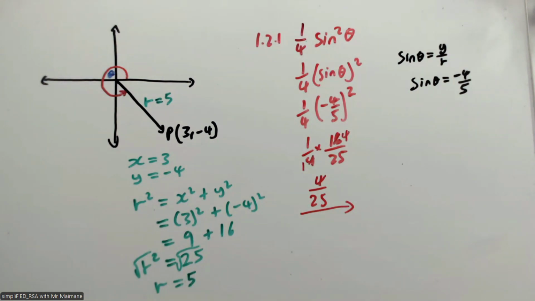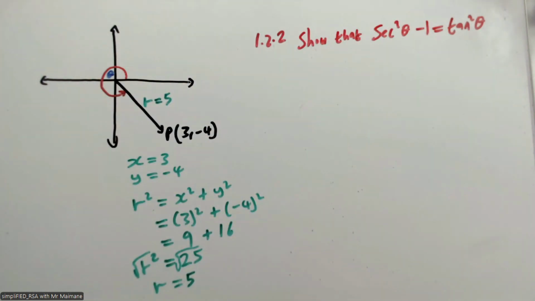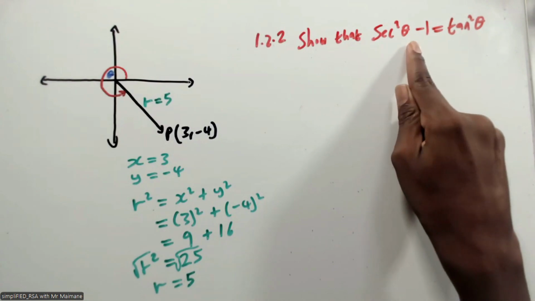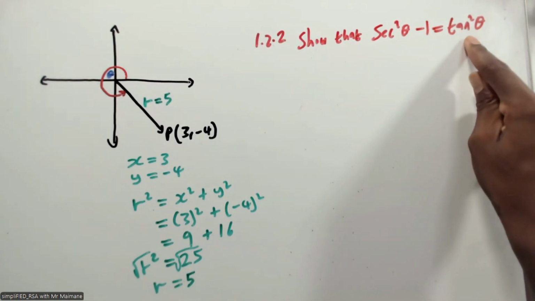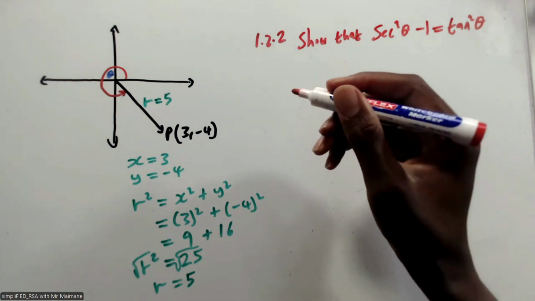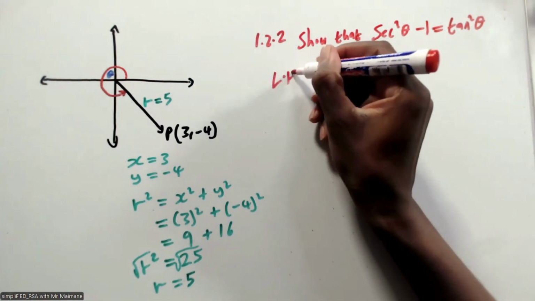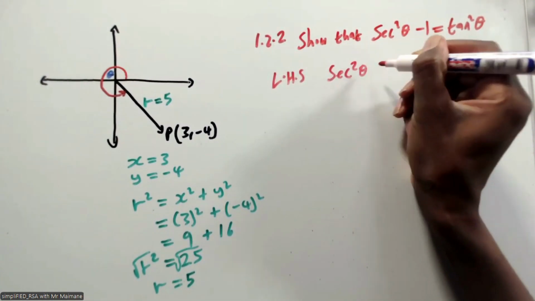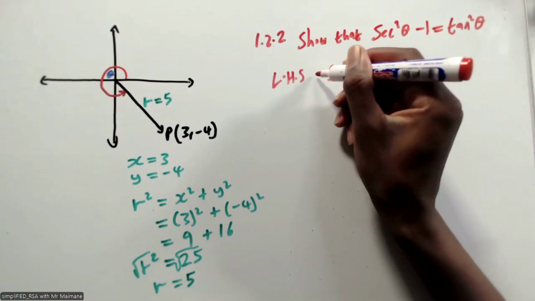And then for 1.2.2. Now, for 1.2.2, using the same diagram, I have to show that sec squared theta minus 1 is equal to tan squared theta. I will start with the left-hand side first. So for the left-hand side, I have sec squared theta minus 1.